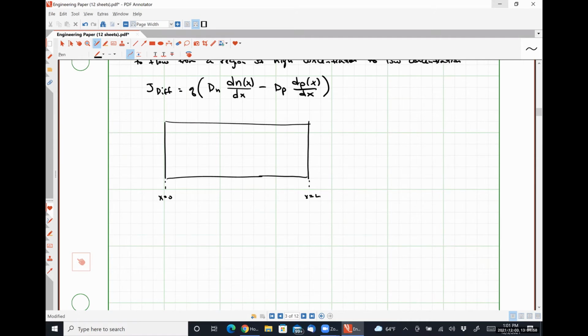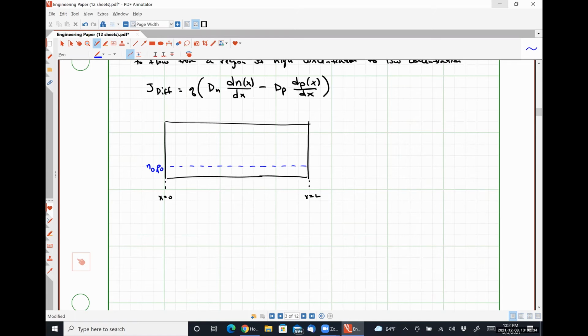So what I mean by that, let's say that we have an intrinsic crystal, so that this line right here represents n_0, which is the number of electrons at thermal equilibrium, and it also represents p_0, which will be the concentration of holes at thermal equilibrium.